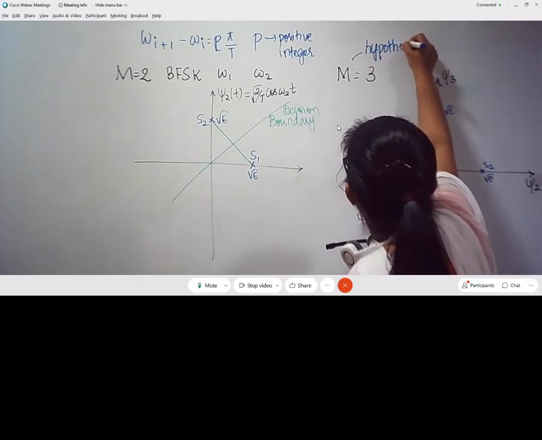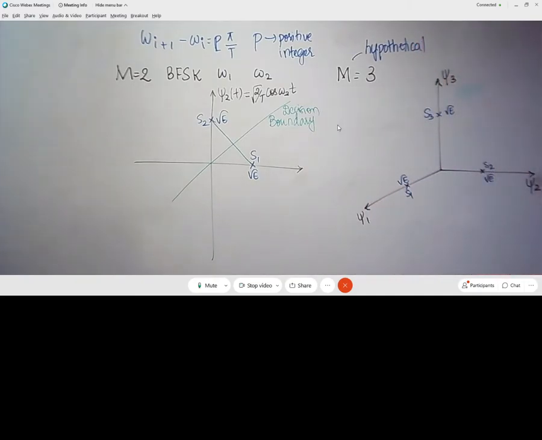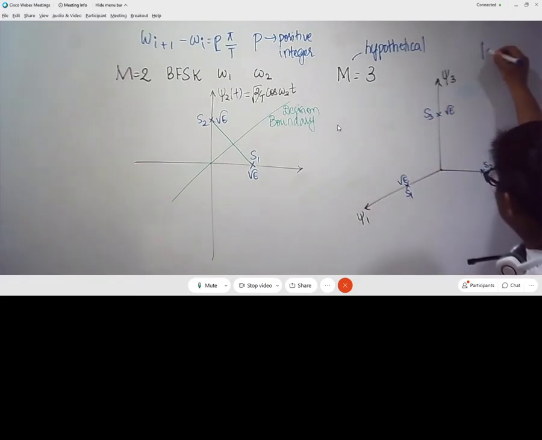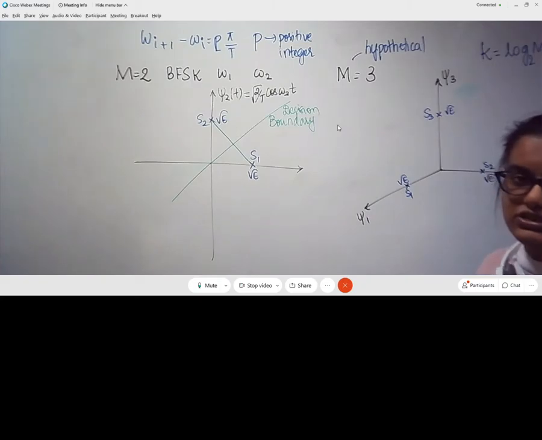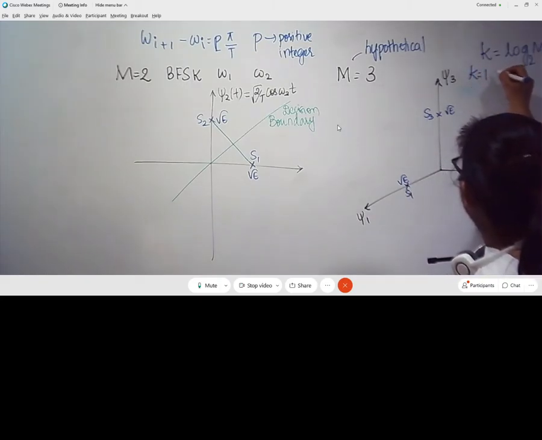There is no practical scenario having m is equal to 3, because the number of bits per symbol k is log of the value m to base 2. If you substitute m as equal to 3, you get k in terms of decimal, something like 1 point something.